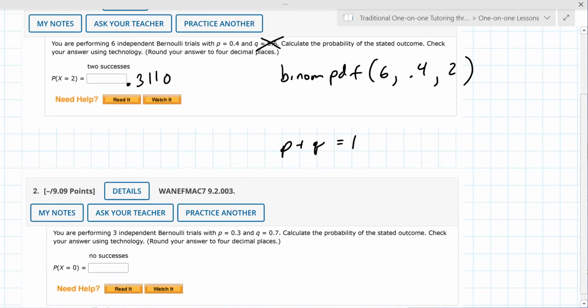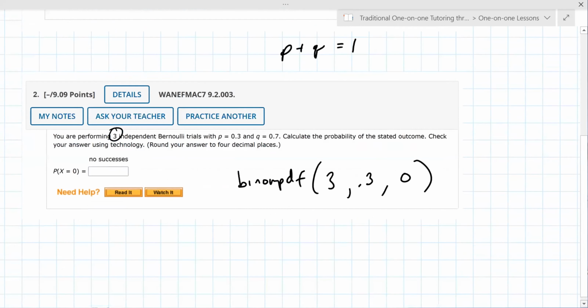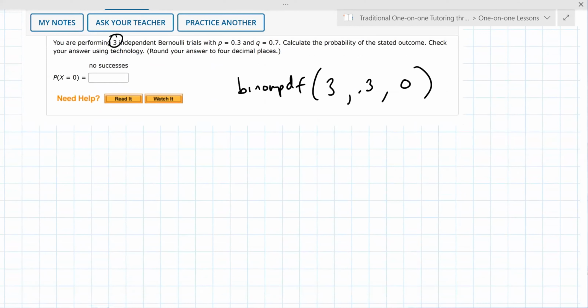And for number 2, because it's X equals 0, it's still binomial PDF, 3 trials this time. On 3, would it use CDF because it's like the greater than or less than symbol? On number 3 it is, yes. Gotcha. So that's just the difference between the two? Yes. Now we'll probably see a problem where there's a slight variation on that, which might be coming.